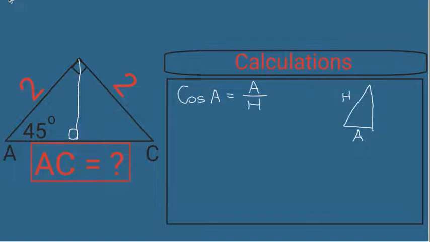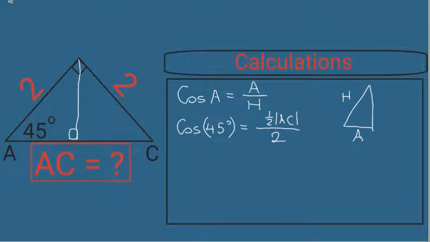Now let's input our values, and we can say that cos of 45 degrees is equal to the adjacent. If we look across here, we can see the adjacent is half of AC, and the hypotenuse is 2.